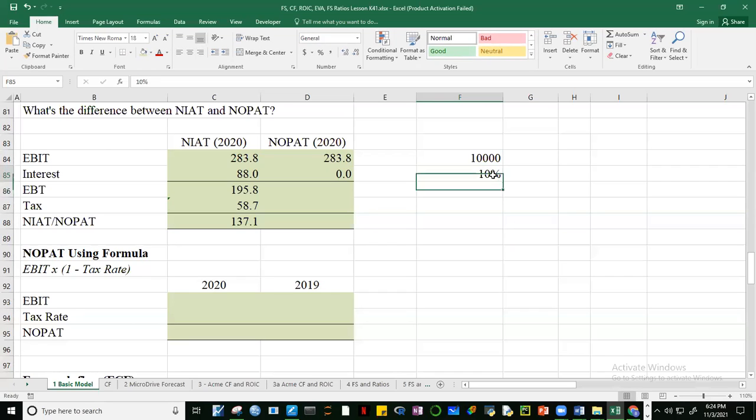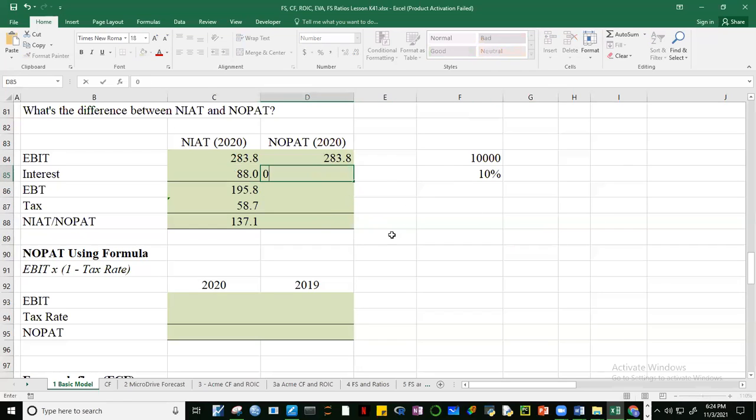So the interest will be 1,000 for the whole year. If the interest is 1,000, then if we deduct that from your EBIT of 283.8, that will already wipe out all your earnings. Right, guys? If this is 1,000, then our earnings before tax are wiped out because of this 1,000 interest.